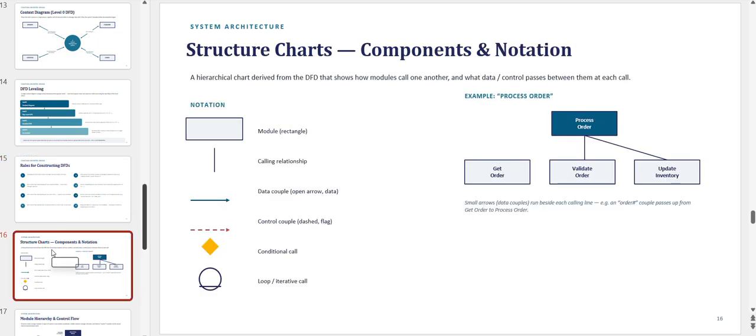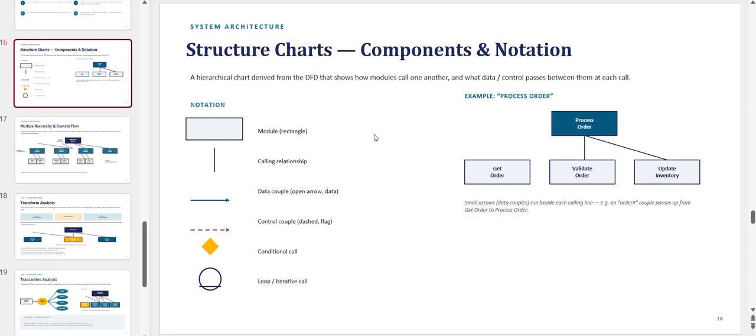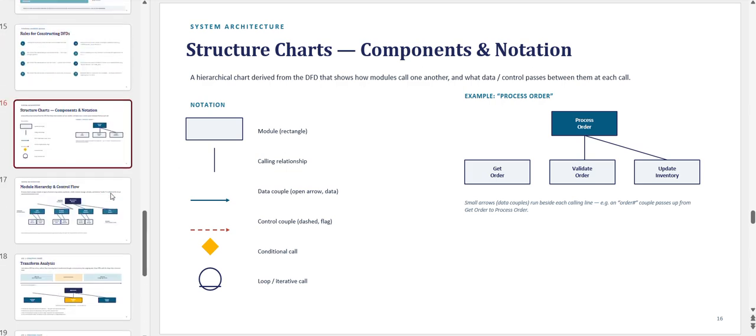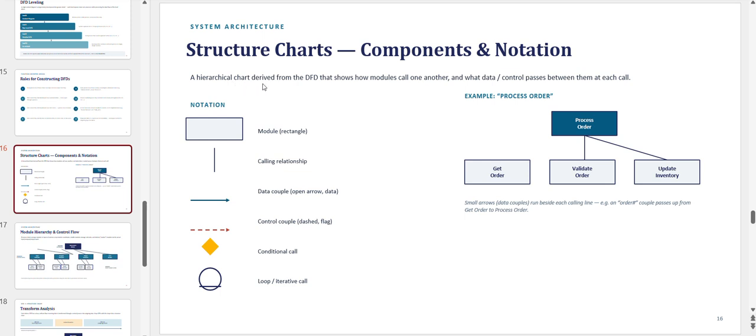Now we will see structure charts, component and notation. This is a hierarchical chart derived from the DFD that shows how modules call one another and what data or control passes between them at each call.